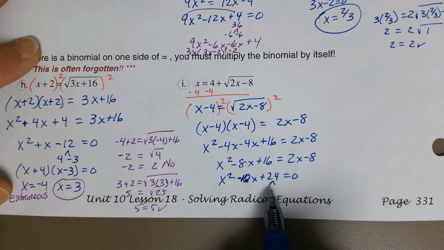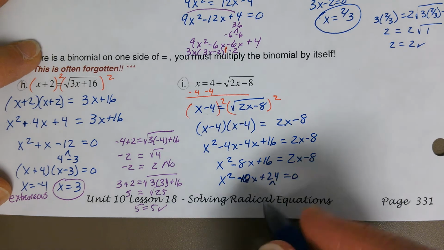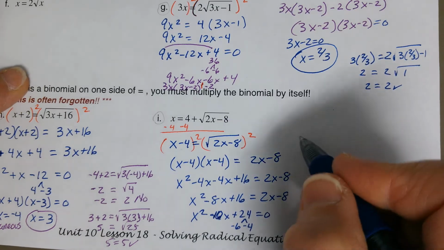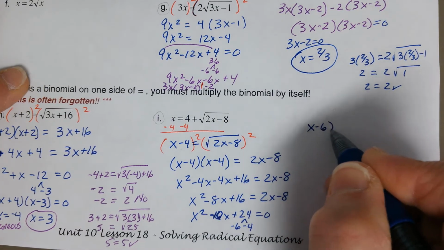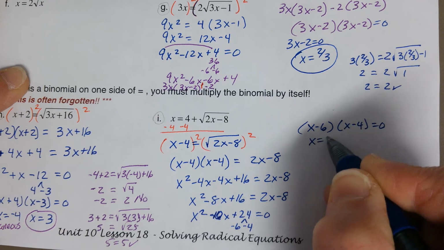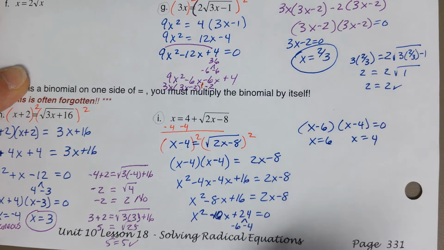Okay, so the factors of 24 that sum to negative 10 are negative 6 and negative 4. We have x minus 6 times x minus 4 equals 0. x equals 6, x equals 4.